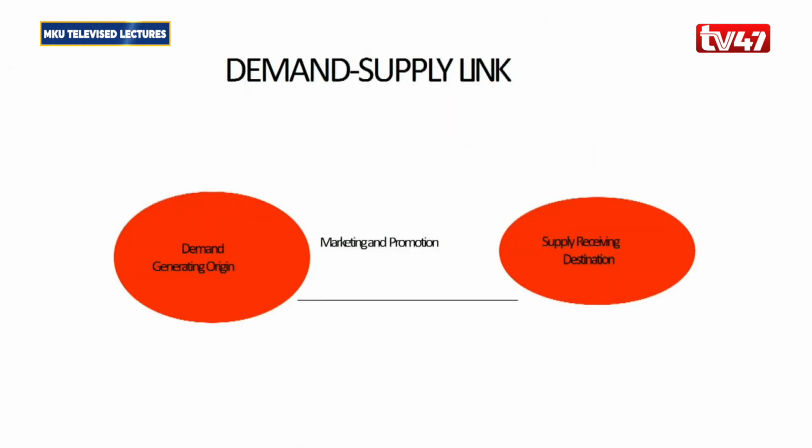And so where do these two link? Where do tourism demand and supply link? Now, this simple diagram we have here tries to demonstrate where the two of them connect. That demand, which is coming from the generating region, is connected with the supply, which is found at the receiving destination. And the two of them are connected by marketing and promotion.